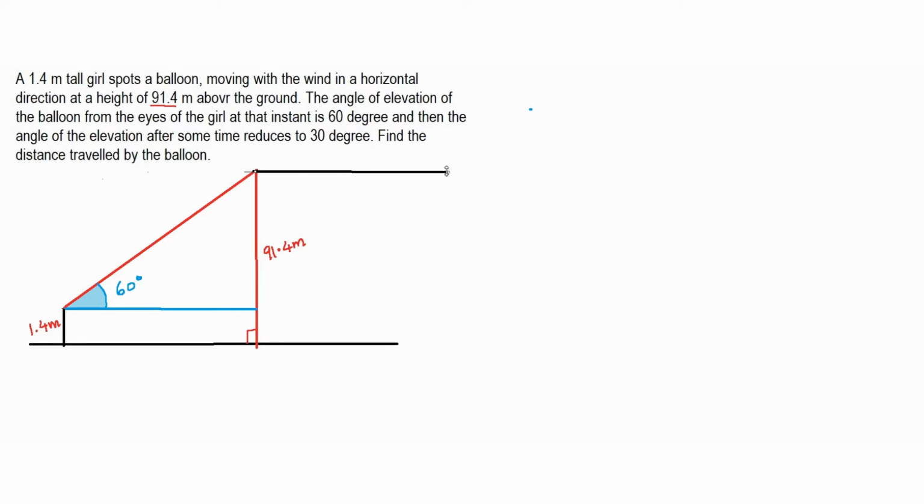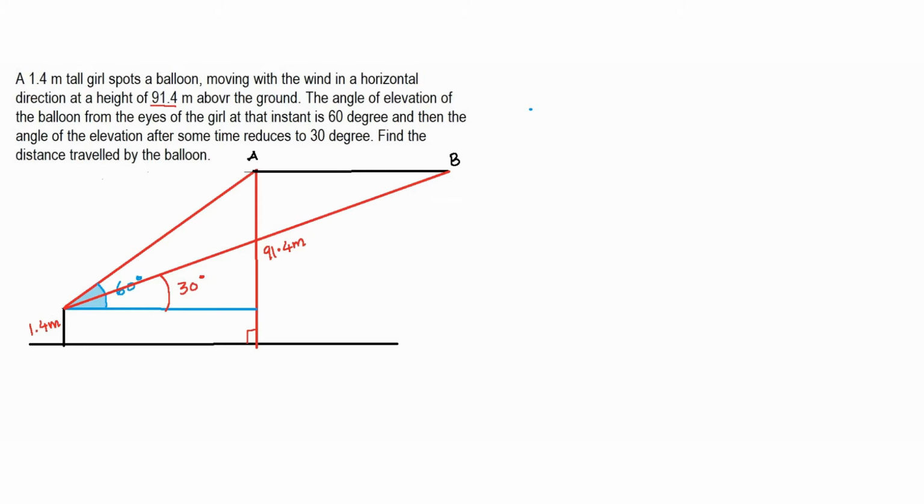So let's assume that the balloon initially was at point A and now the balloon is at point B. If you notice, the angle of elevation now reduces to 30 degrees. So this particular angle is now going to be 30 degrees.